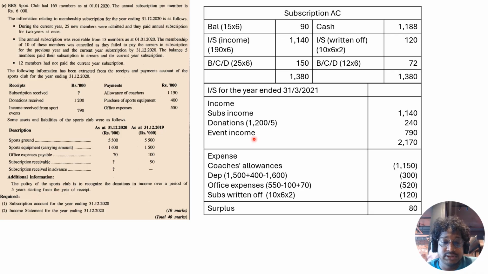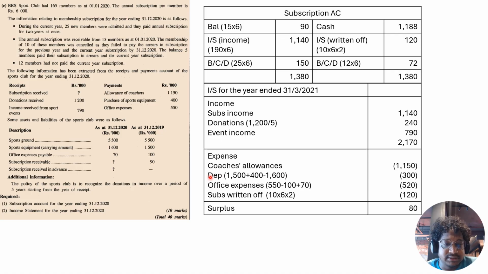So 1,200 divided by 5, the donation income that you have to identify is 240. And the event income is given here, 790, so that you have to identify directly as income. And the expenses, coaches expenses 1,150, you have to identify as an expense.